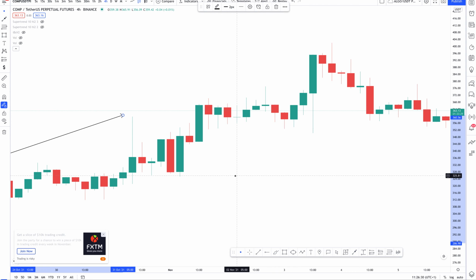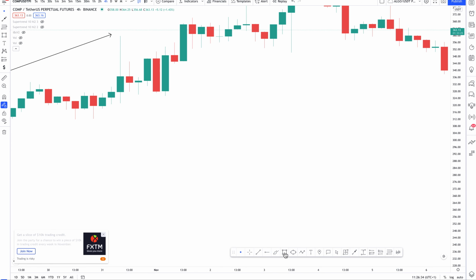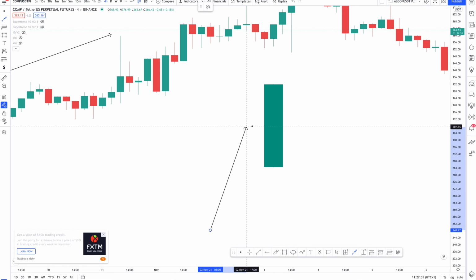To illustrate this, let's say we have this as our candle, and this is a green candle, which means it's a bullish candle.